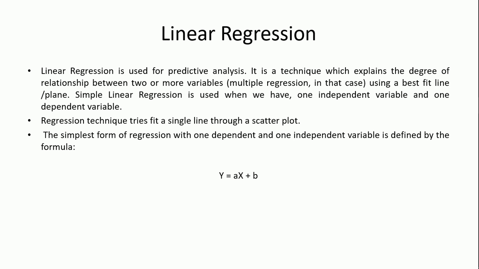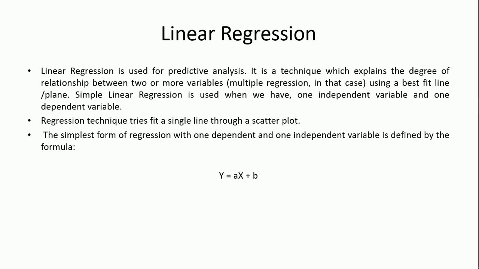Now, if we talk about regression, the first thing we have to learn is that one of the types is linear regression. Linear regression is used when we have to identify the degree of relationship between two or more variables.